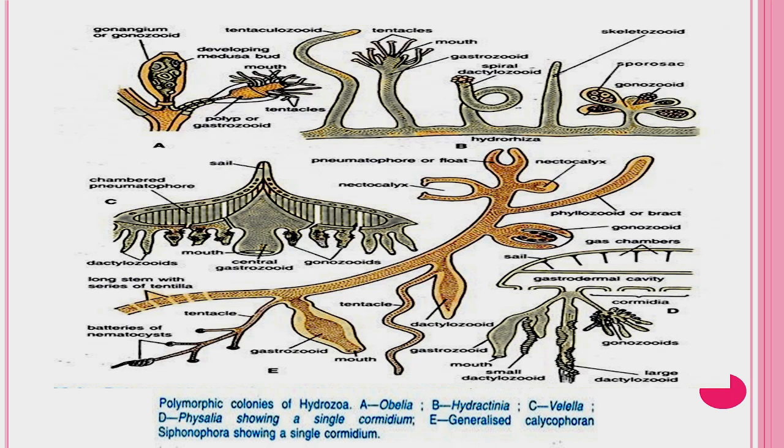Polymorphic colonies of Hydrozoa, like Obelia, Hydractinia, Velella, Physalia, can show a single cormidium, and the generalized Calycophoran siphonophores show a single cormidium.